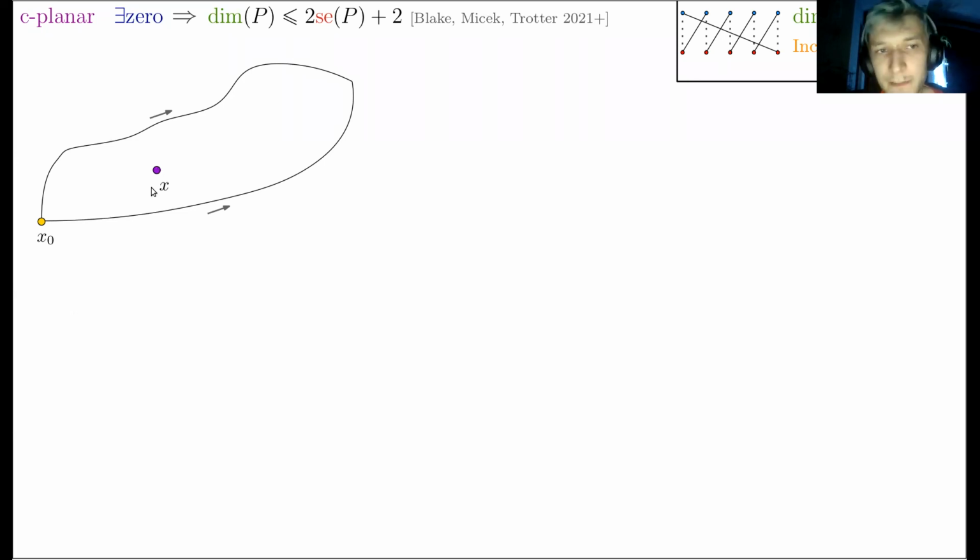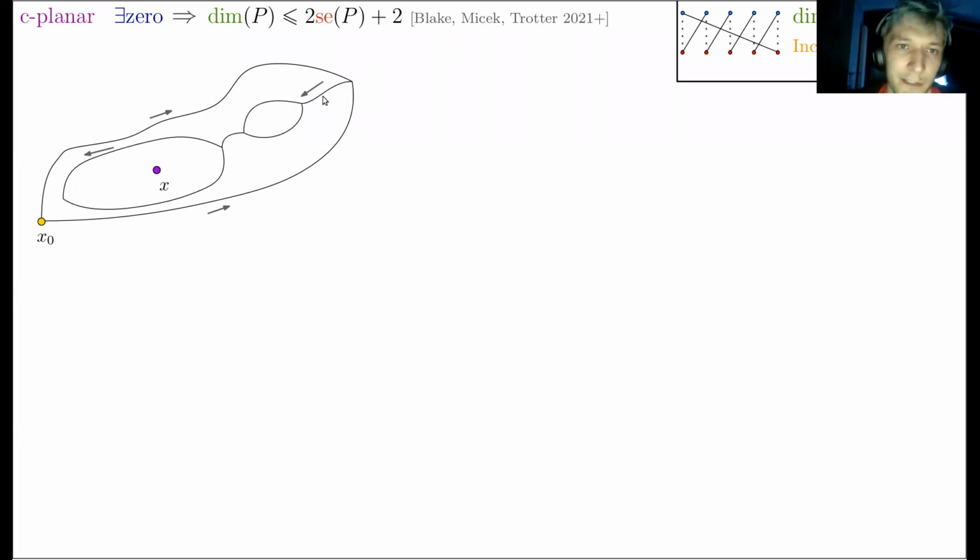I have some fixed element x, and say that I follow the leftmost path, I follow the rightmost, and they meet. This was possible also in the diagram case, but they don't go further, but they return. Yes, they return. This is possible. It was not possible in the diagram case because all edges went up, so I could not return.